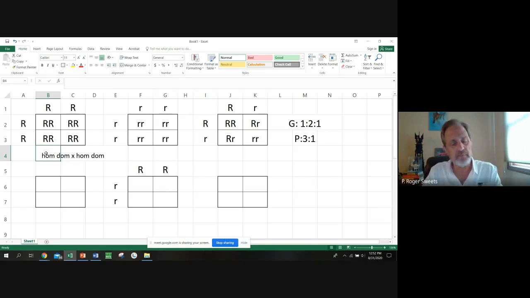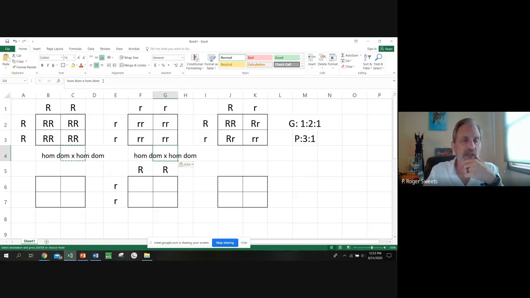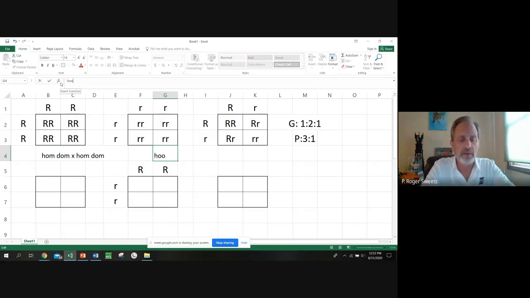About the same situation is true if we cross a homozygous recessive with a homozygous recessive.